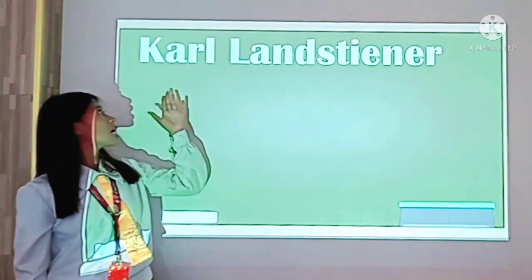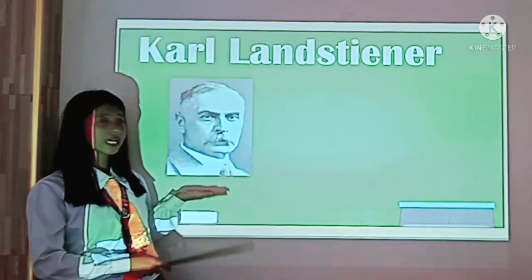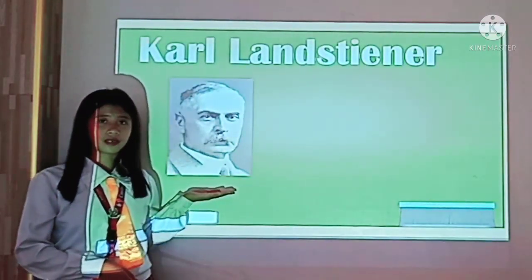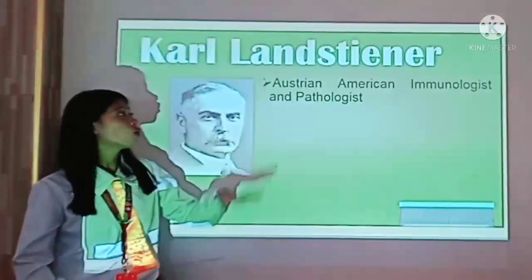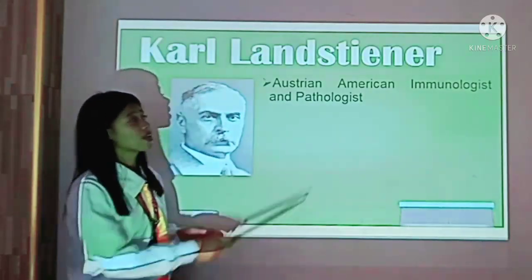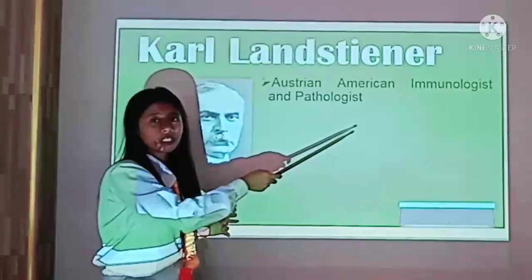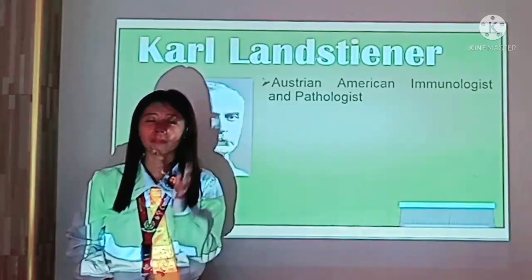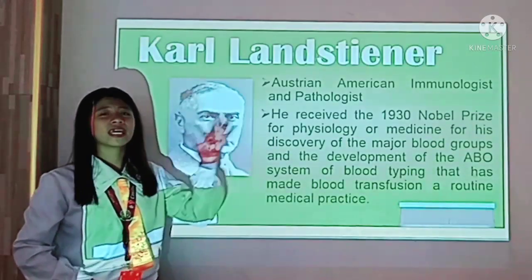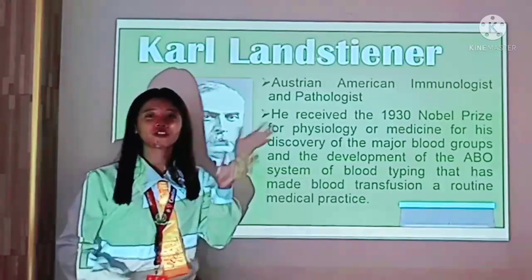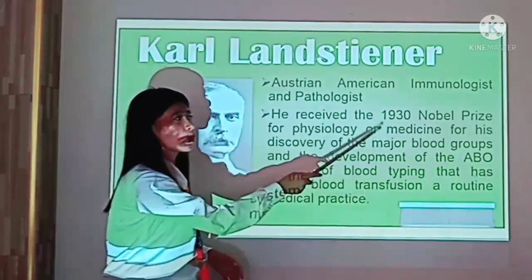Because this Karl Landsteiner, as you can see, is the proponent of the ABO system, wherein he is an Australian-American immunologist and pathologist, alright? Wherein, okay, he received the 1930 Nobel Prize Award, wherein, bakit siya nakakuha?